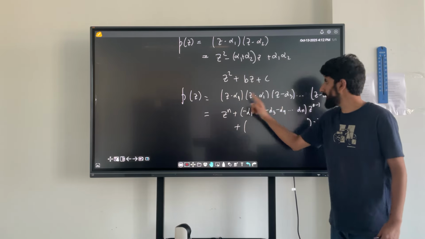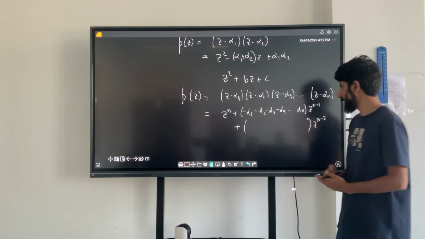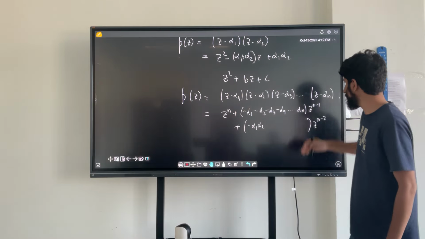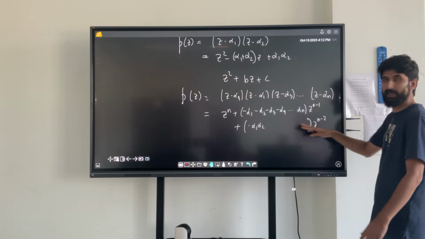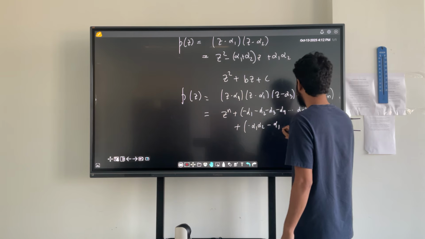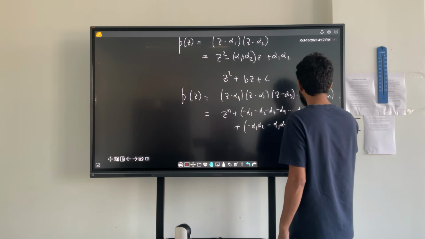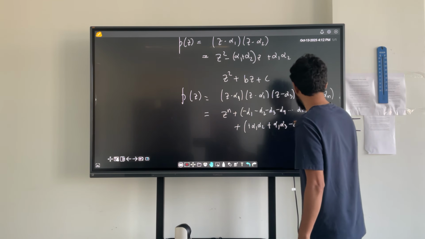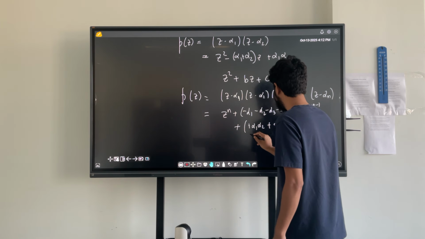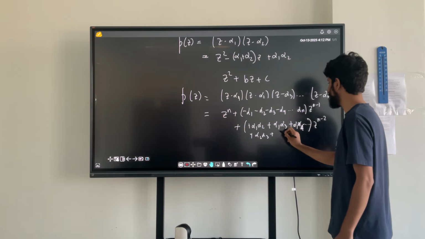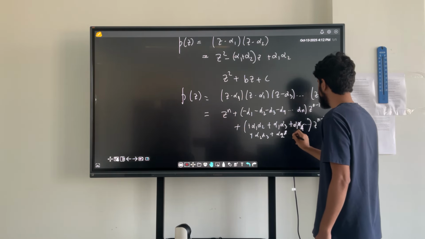Say I pick minus alpha 1 from the first and minus alpha 2 from the second, and z from everywhere else, because z will be common. So it comes out as minus alpha 1 times minus alpha 2, then minus alpha 1 alpha 3, minus alpha 1 alpha 4, and so on. Sorry, minus times minus will become plus now. Plus, plus, plus. Then plus alpha 2 alpha 3, plus alpha 2 alpha 4. Every possible combination.